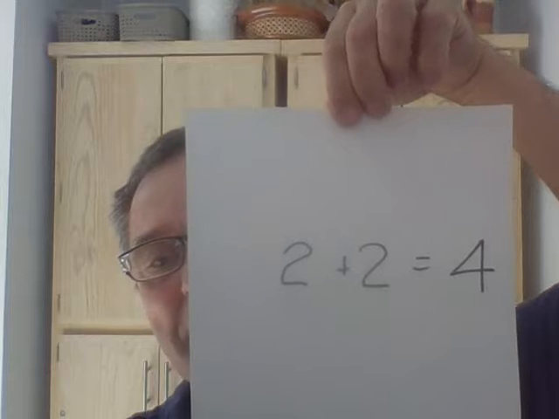2 plus 2 equals 4. Okay, that's quite clear. That's called addition. So what is subtracting? Subtracting is the removal of something. And we use the word minus in English to indicate that we are subtracting.